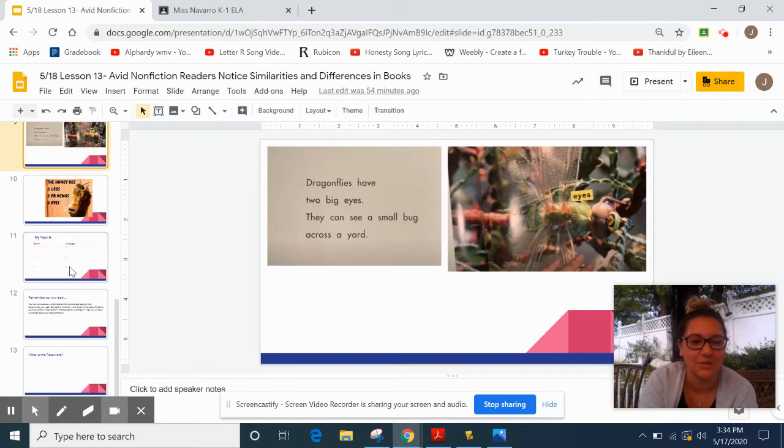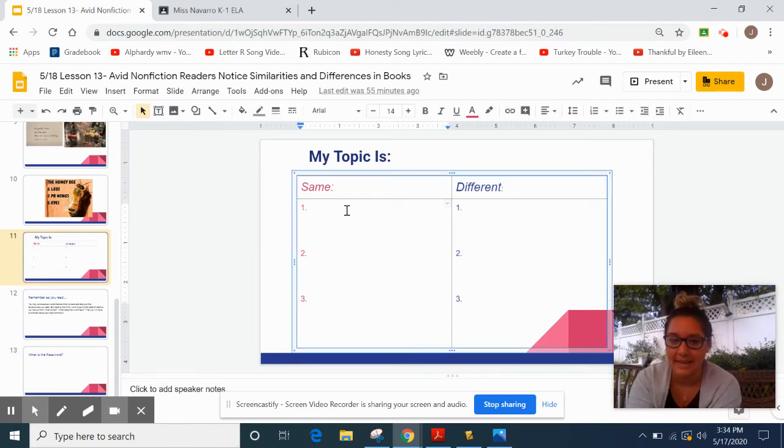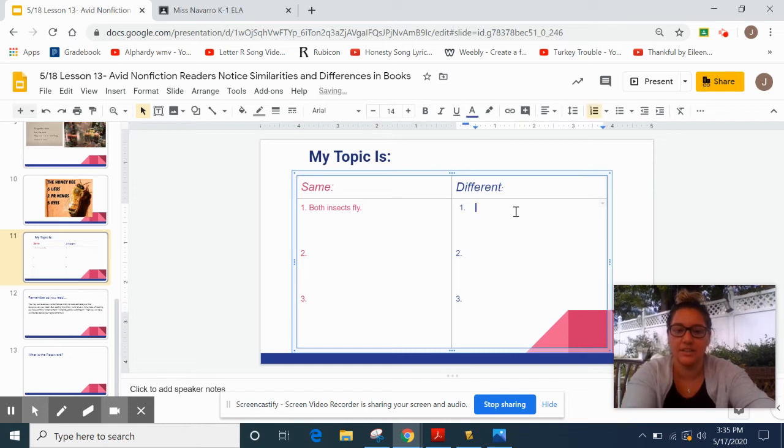So now it is going to be your turn to use the topic that you used from last week and look at all those books you gathered. You gathered 4 books. I want you to figure out what is the same between the books and what is different. So if I was filling this out about my topic was insects, I could say the same is both insects fly. And what is different?